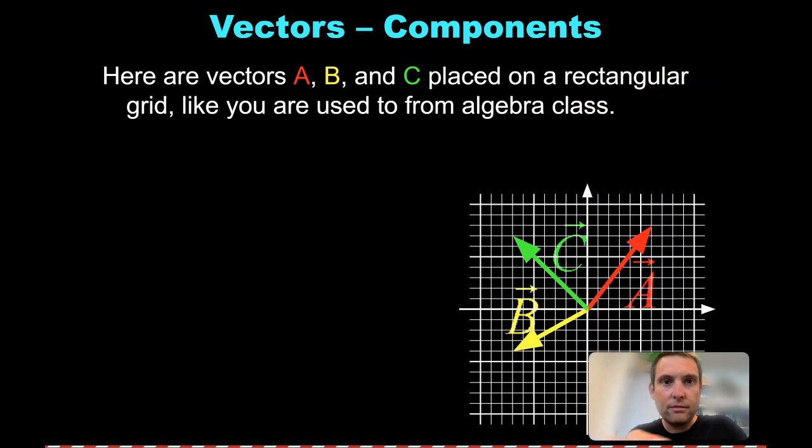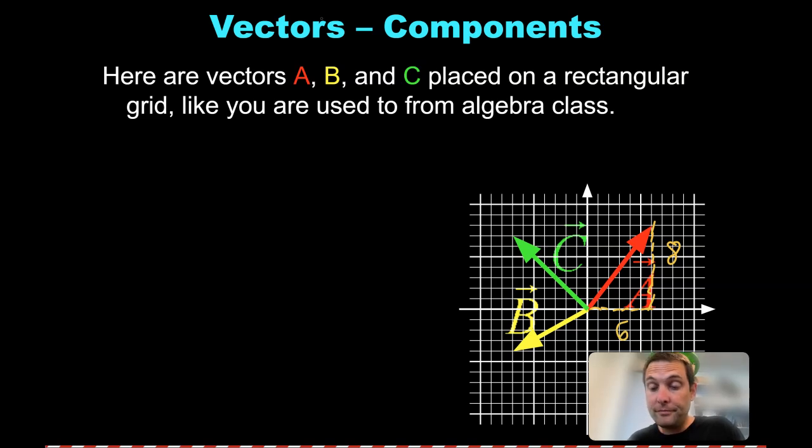These pieces, we can look at vector A. Vector A has 1, 2, 3, 4, 5, 6 boxes to the right, and 1, 2, 3, 4, 5, 6, 7, 8 boxes up.